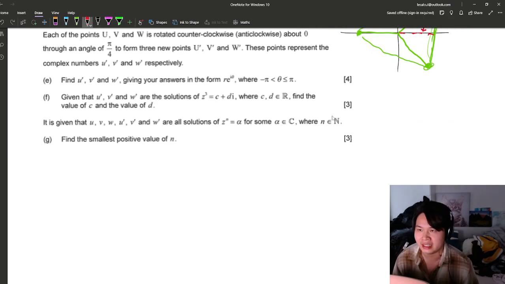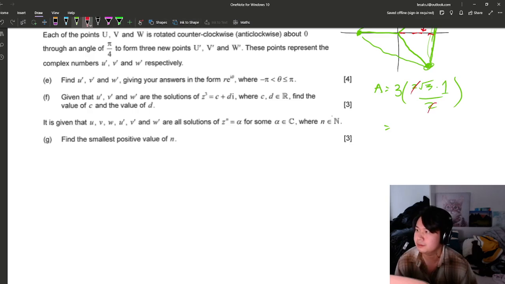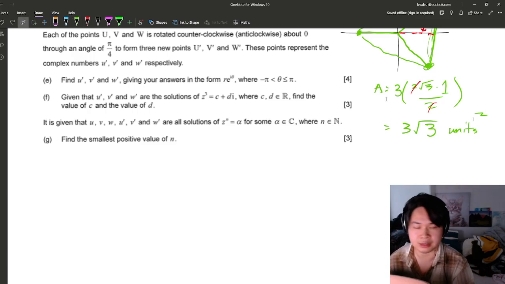Someone can say that they're not and then tell me how they do it their way, but I'm pretty sure they are. So the area is going to be 3 times the base, which is 2√3, base times height divided by 2, something like this. So your area is 3√3, right? And then if you care about units, units squared.